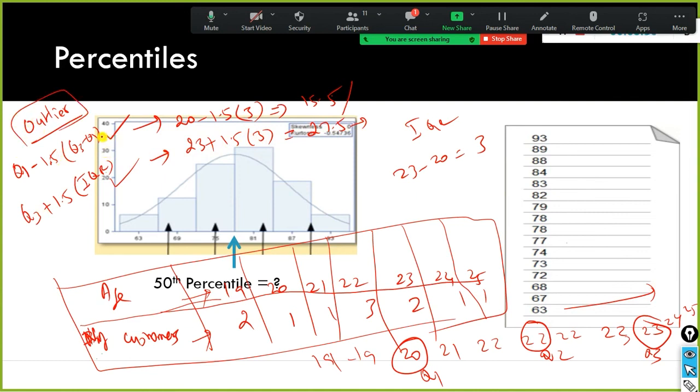If you want to find out the outlier from the left side of your data, and if you want to find out the outlier on the right side of the data, you need to use this equation. If any value is falling less than 15.5, those are called your outlier. Any value which is falling above 27.5 are called your outlier.